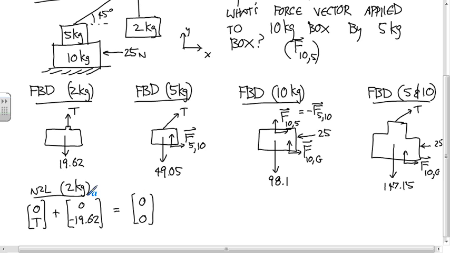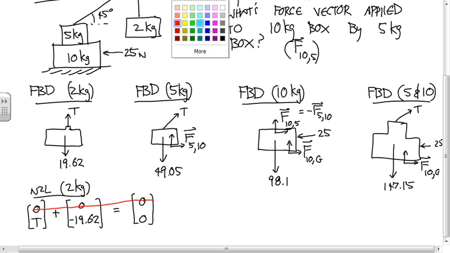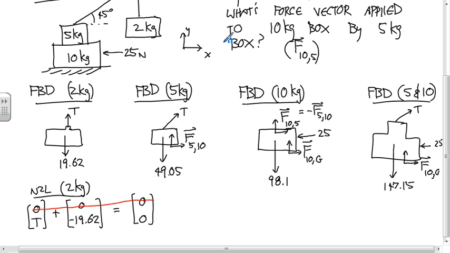The first one doesn't help. It just says 0 is equal to 0. But the second one says T minus 19.62 is equal to 0. So T is equal to 19.62.